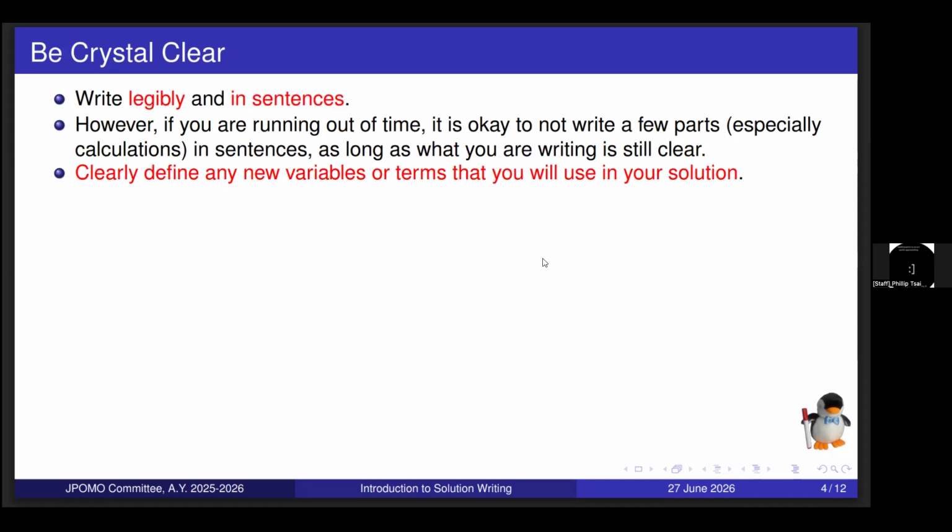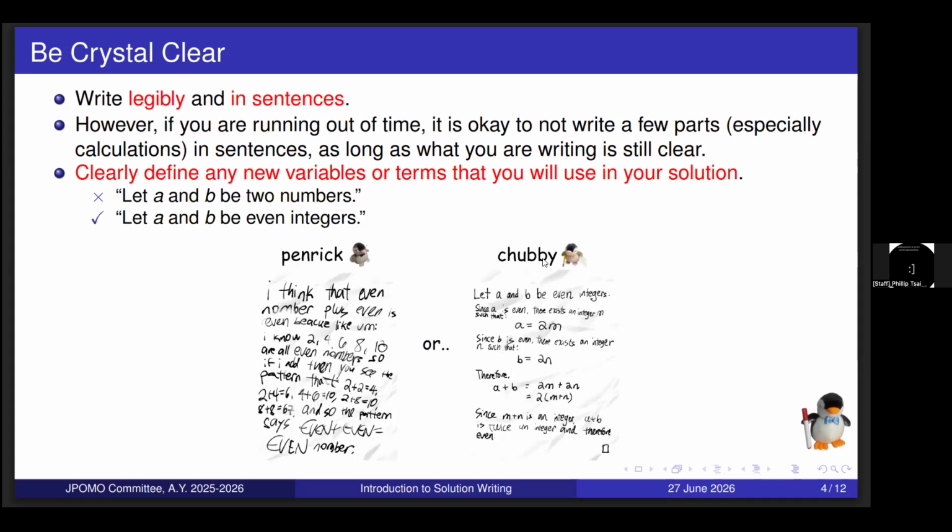Also, clearly define any new variables or terms that you will use in your solution. So, for example, instead of saying let a and b be two numbers, you should say let a and b be even integers. Why? Because numbers is very unspecific.